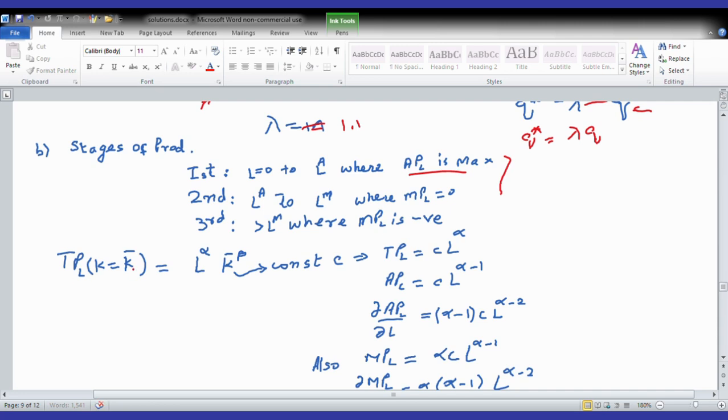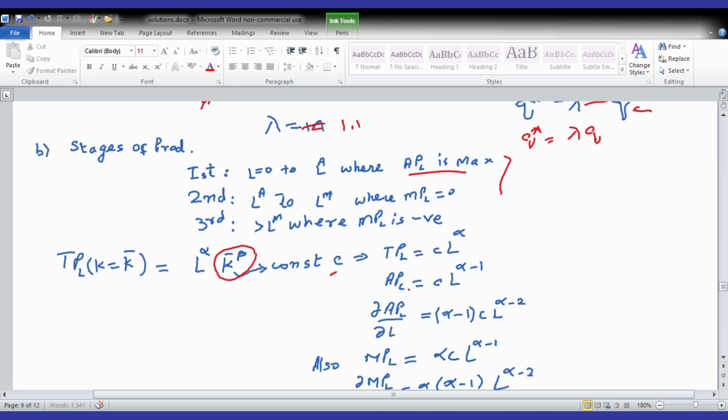Now, because we are talking about the total product of a particular factor of production in terms of stages of production, say labor, we have to keep capital constant, so I put a bar here, and then I let it be equal to a constant C, so that the total product of labor becomes C times L raised to power alpha, just to write it cleanly.